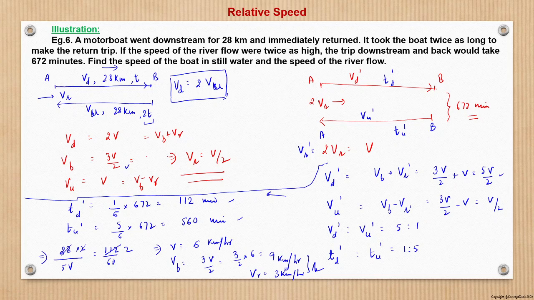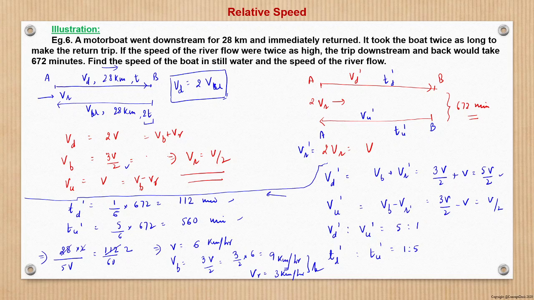So just to summarize here, two cases were given. From the first case, since the upstream movement was taking twice the time being taken in the downstream, we could deduce that the velocity downstream would be twice the velocity upstream, because if distance is constant, time is inversely proportional to the velocity, right?